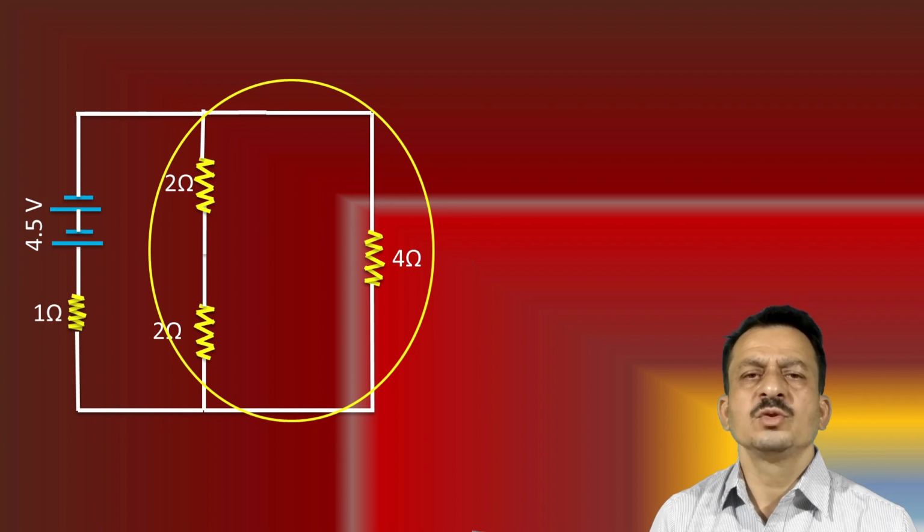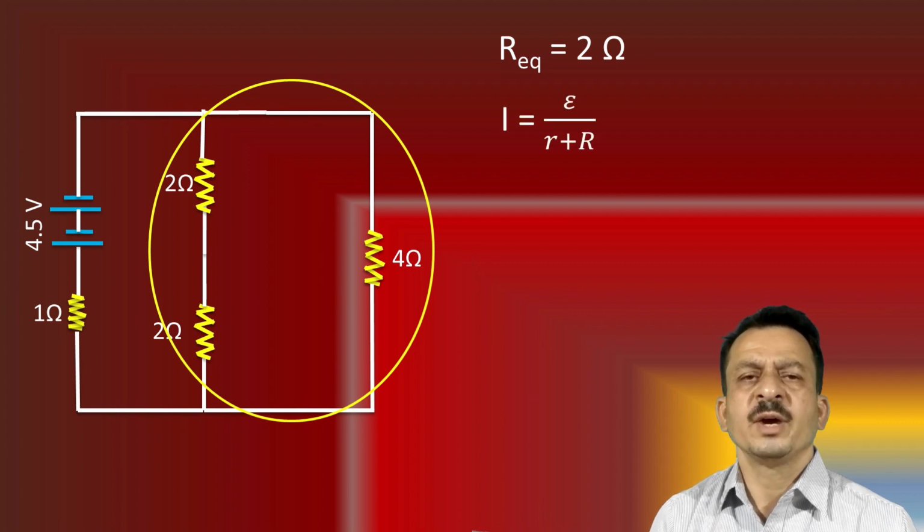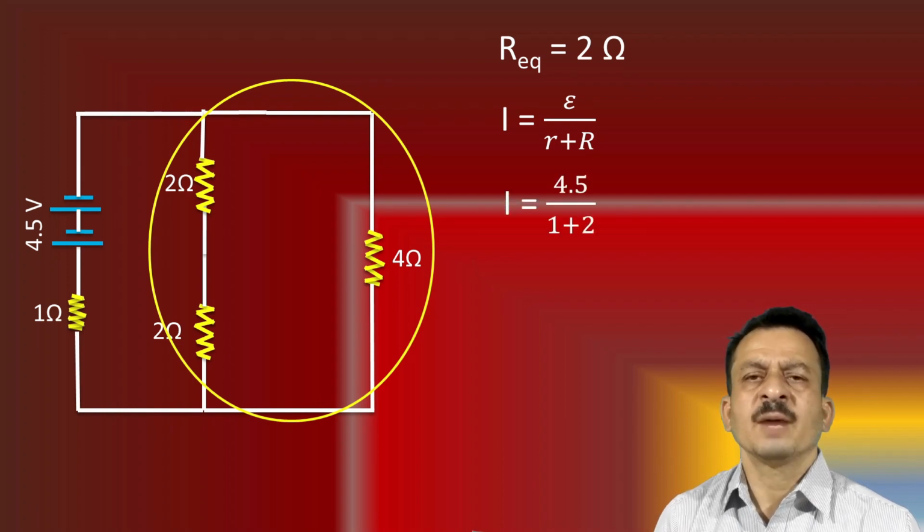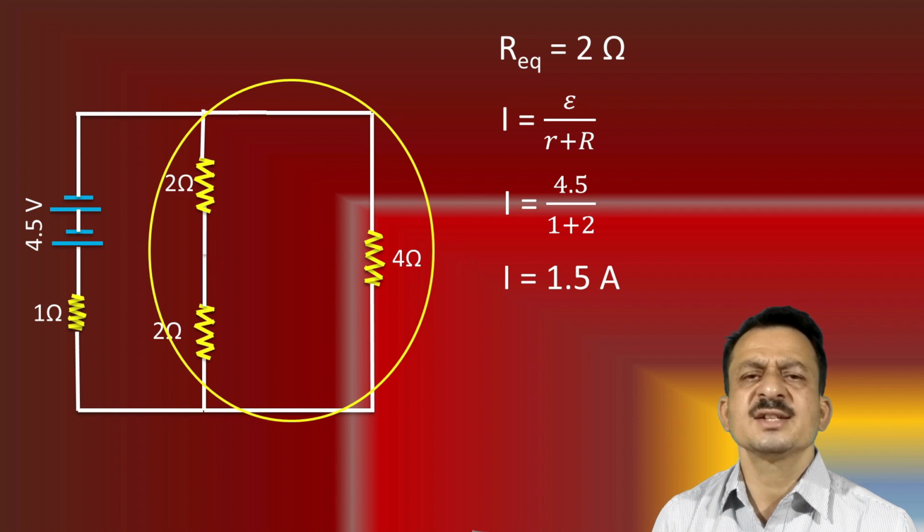Therefore, the current through the circuit is E divided by small r plus capital R. E is given as 4.5, small r is 1 ohm, and capital R, that is R equivalent, we have worked out as 2 ohm. That is 4.5 by 3, it is 1.5 amps, the main current.